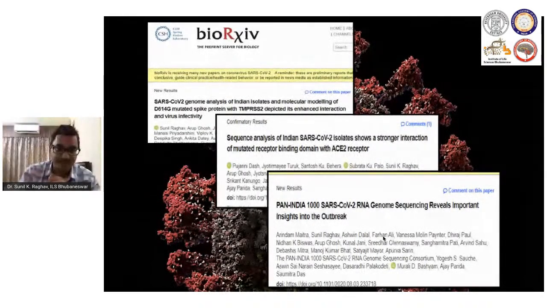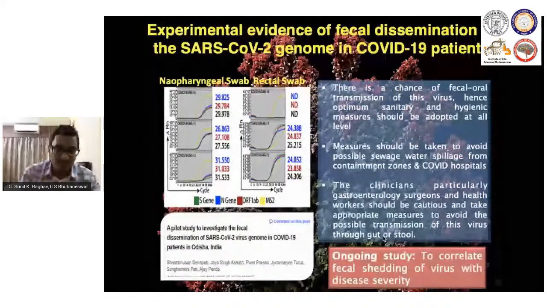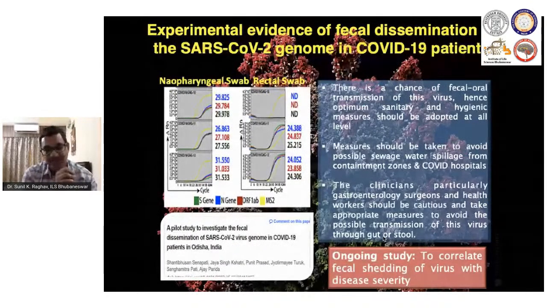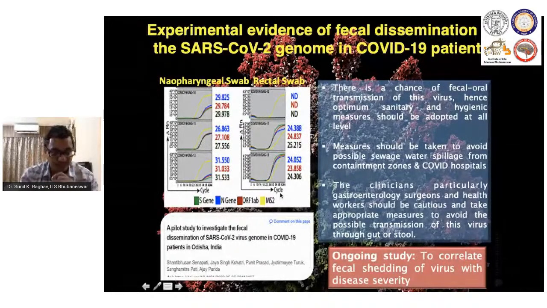There is one more interesting finding. During testing, we checked the virus genome in fecal samples of some of the individuals, and you can see here that in the fecal sample also, the virus genome can be detected.